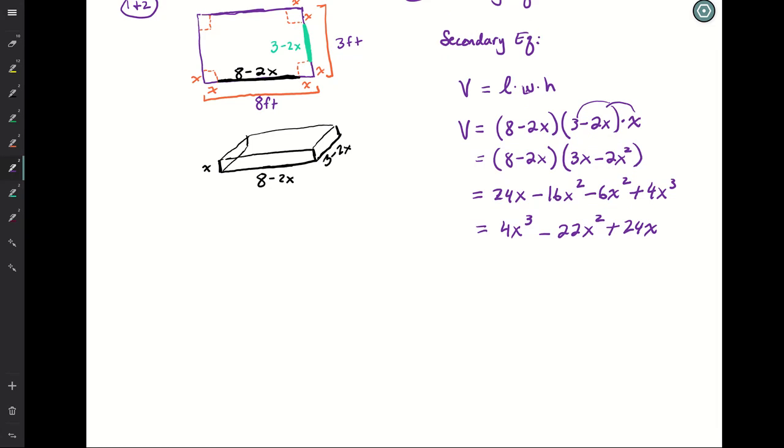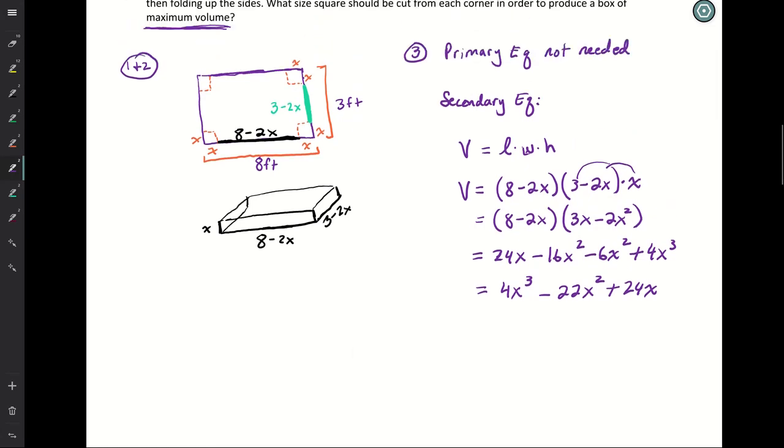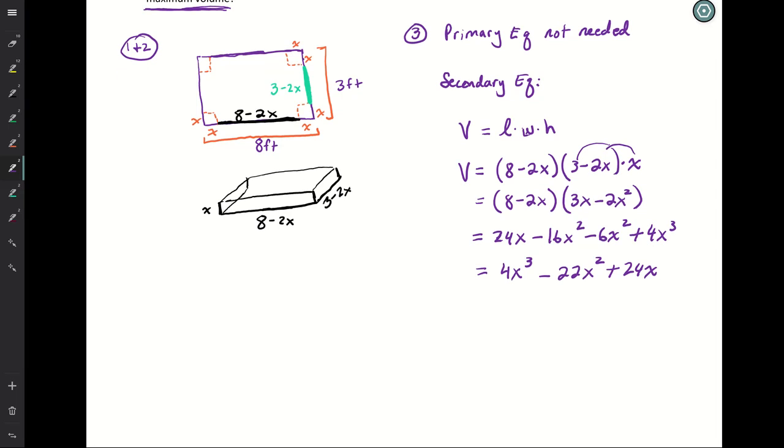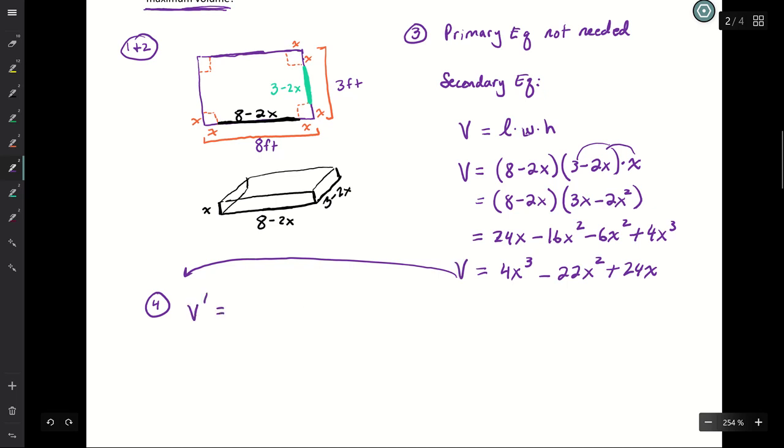All right, so from here, we're going to go on to take derivative and do critical numbers. So I'm going to wrap that around over here. So step number 4, remember this was V equals, so we're going to do V prime equals, this will be 12x squared minus, that'll be 44x, and then plus 24.